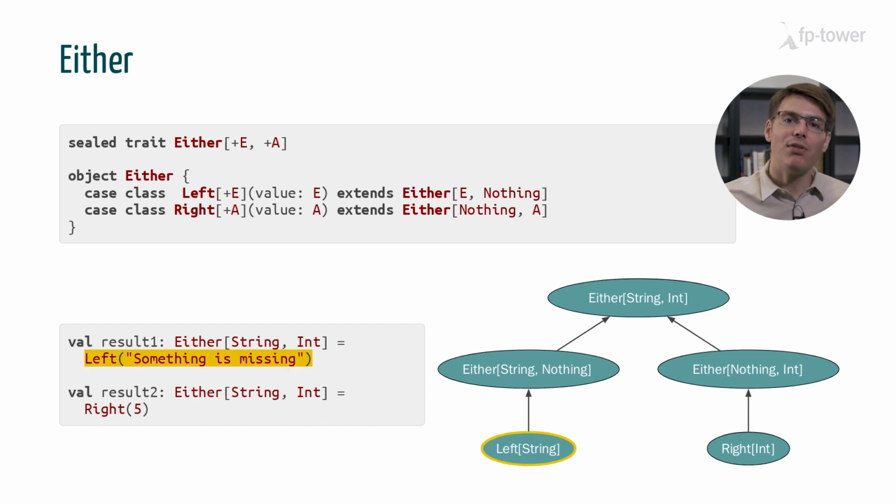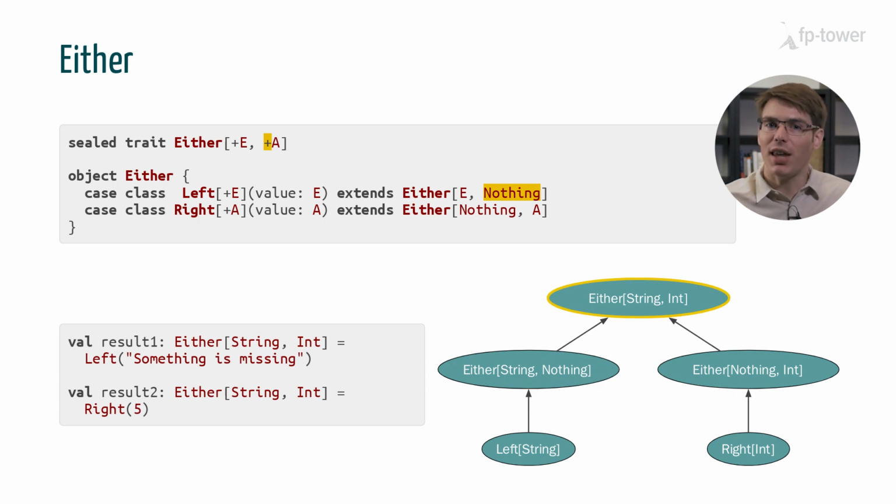When we type left of something is missing, we get a value of type left of string. Now, because the class left extends either of e nothing, it means that we can upcast this expression to either of string nothing.